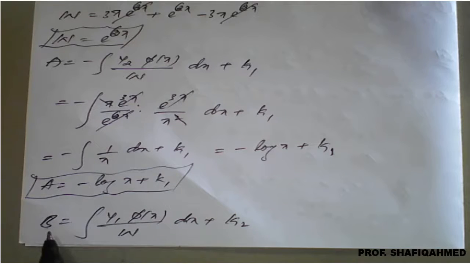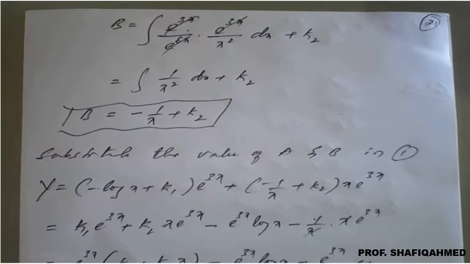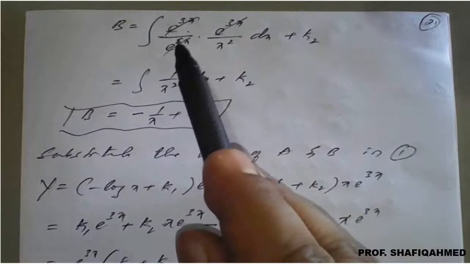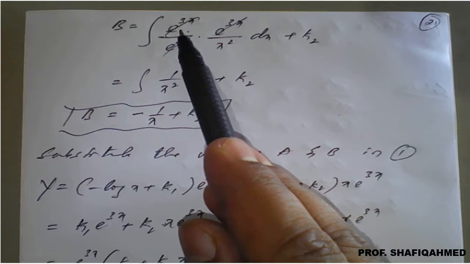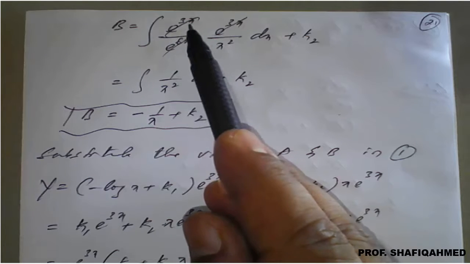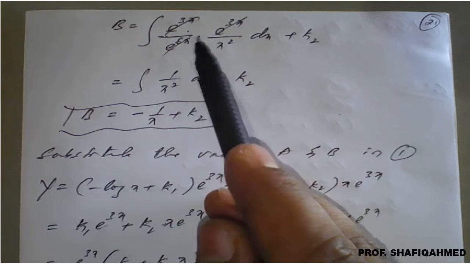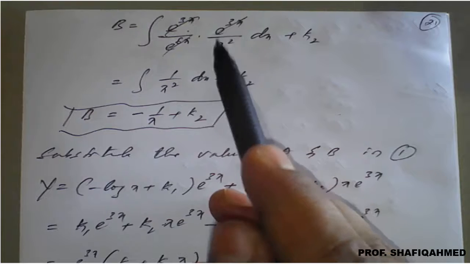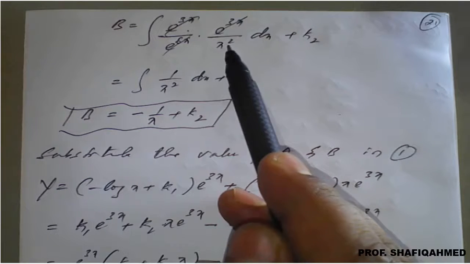Similarly we need to find the value of b, which is integration of y1 phi of x divided by w into dx plus k2. Replace the value of y1 as e raised to 3x, w value is e raised to 6x, and phi of x value is e raised to 3x upon x square.